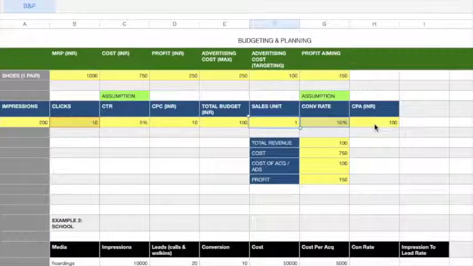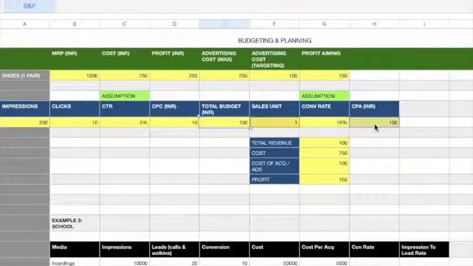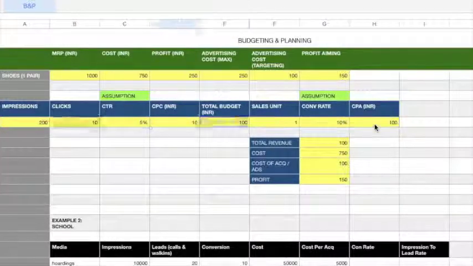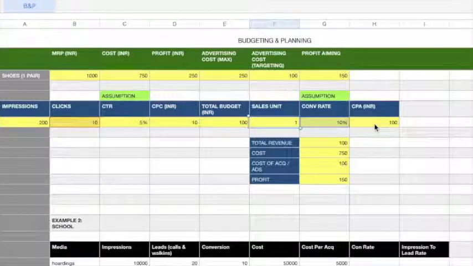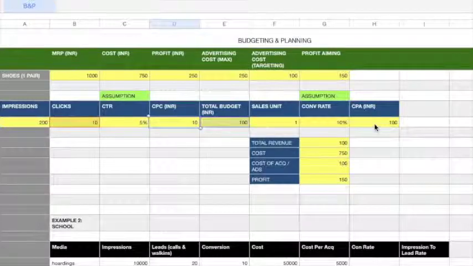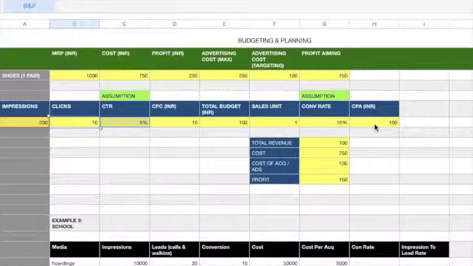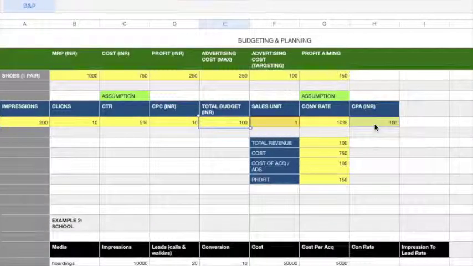So I can derive easily the number of clicks also from here, right? So 10% of 10 is essentially one sales unit, and I have put 1 here already. So I need to have 10 clicks to get one sales unit. Fine. Now let's go ahead.